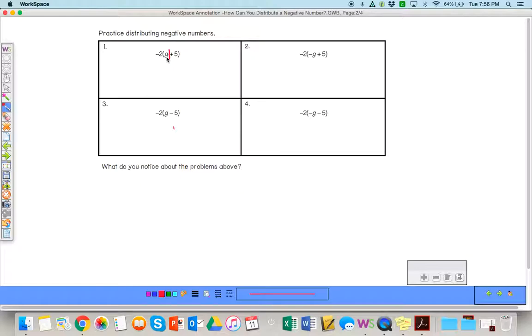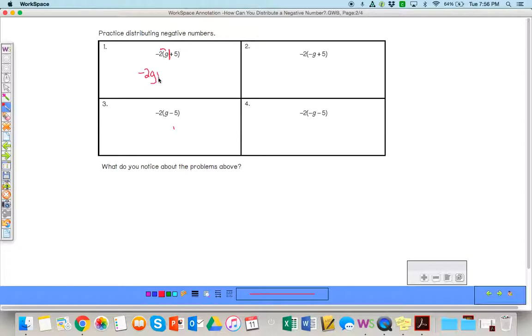So for example, on the inside of the parentheses for this particular problem, we have two positive numbers. We have g and we have a +5. So we're going to do -2 times g. That gives us -2g. We're going to do -2 times +5. So that makes it a negative number. You can write this out two different ways.